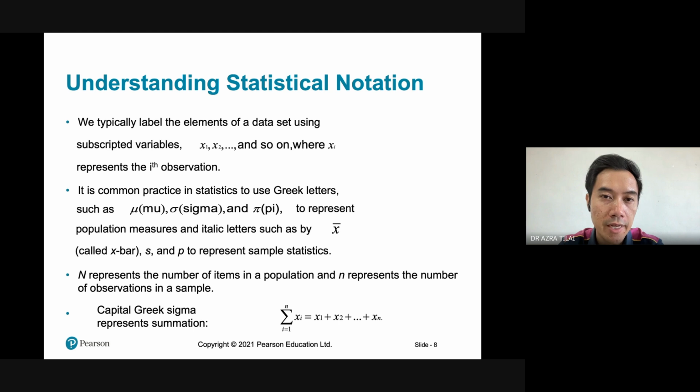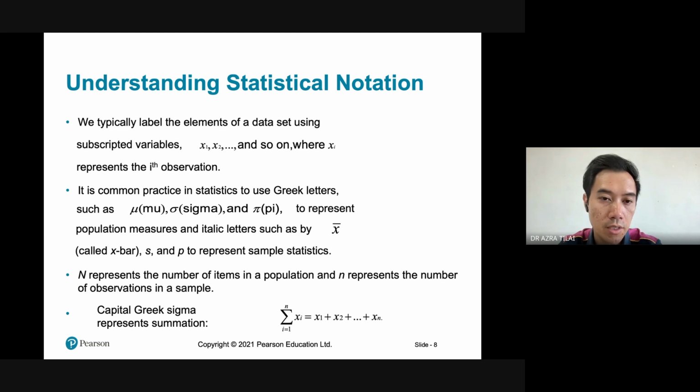And we also need to understand statistical notation. This is what we mean by estimation. To estimate, we have to have an equation. An equation will help us understand relationships, maybe between the independent and dependent variable, or the summation, the weightage, or the overall average.